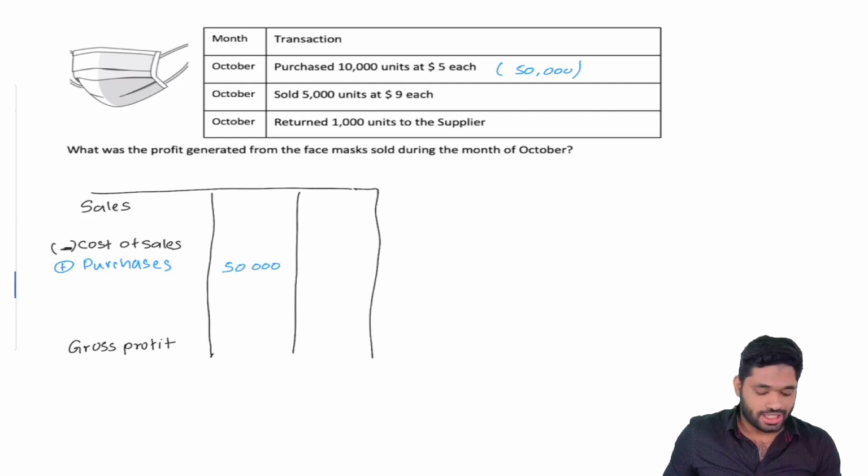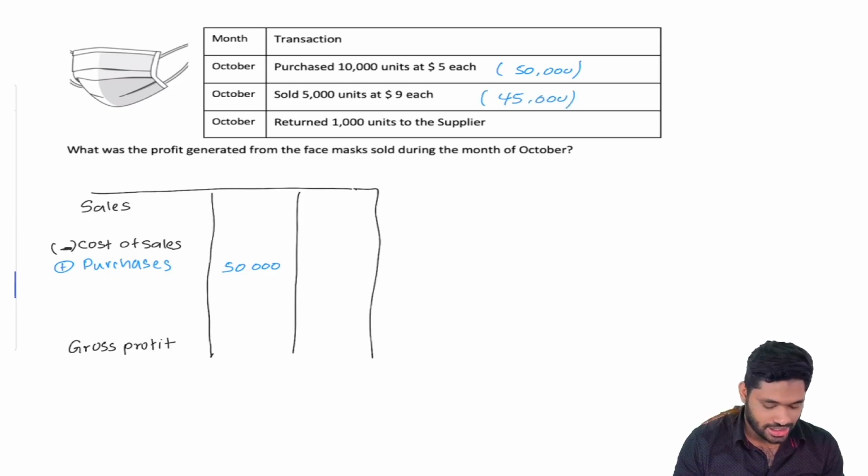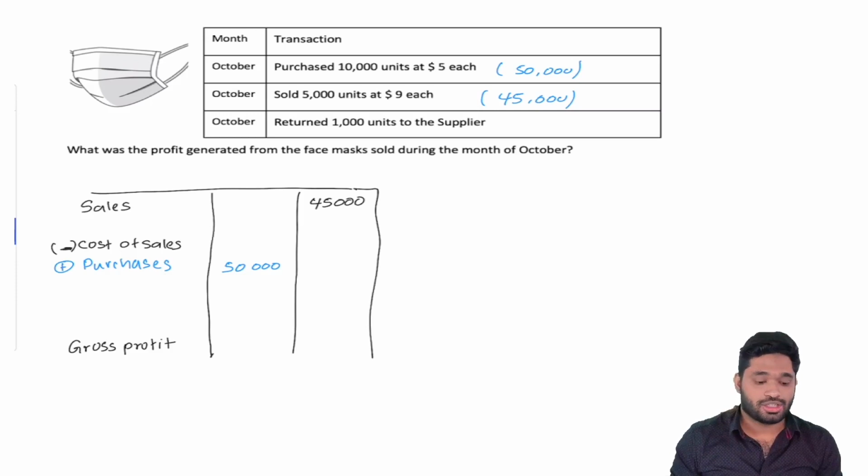Then you sold 5,000 units at $9 each, which means you are selling this for 45,000. So under your sales, you will have 45,000. Now you are returning 1,000 units to the supplier. So when you return goods to the supplier, is he going to pay you $5 or $9?